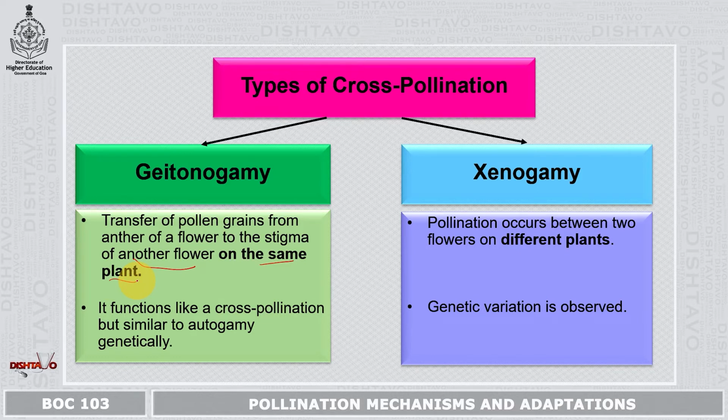It functions like a cross-pollination but is similar to autogamy genetically. In case of xenogamy, pollination occurs between two flowers on different plants. In xenogamy, genetic variation is observed.